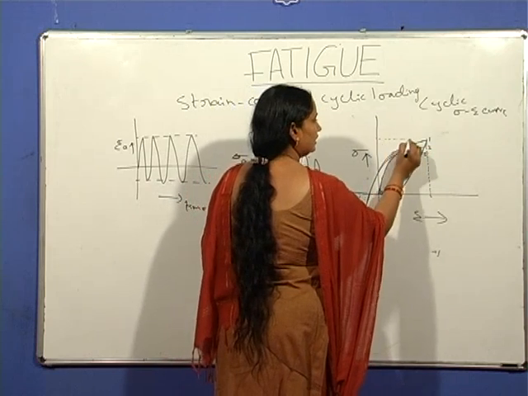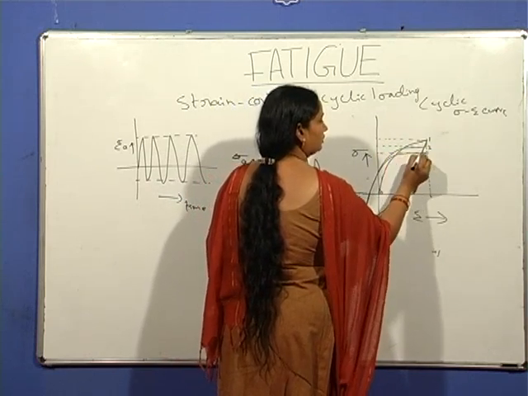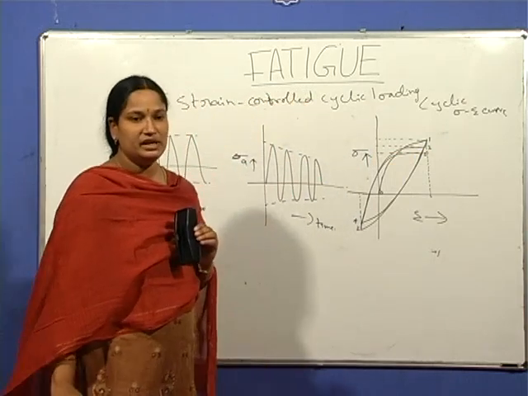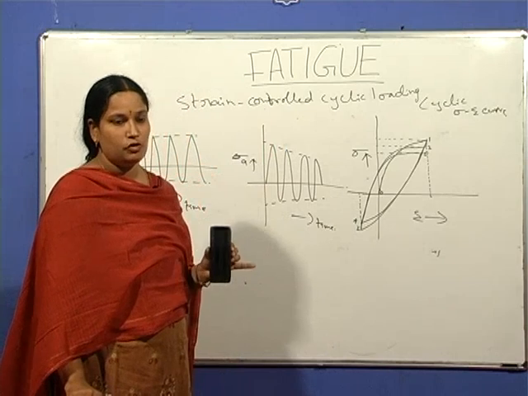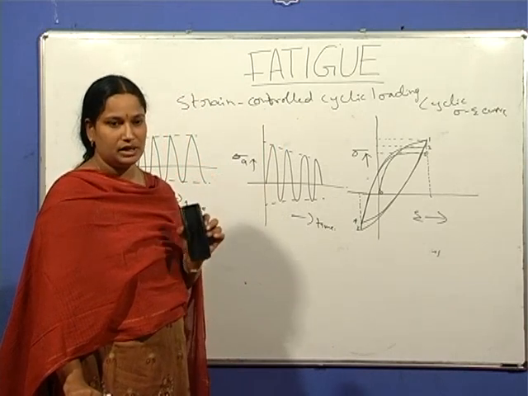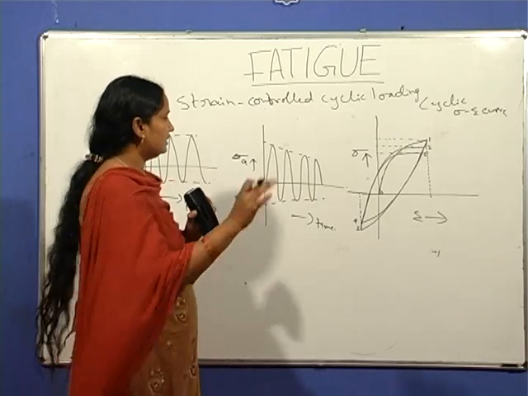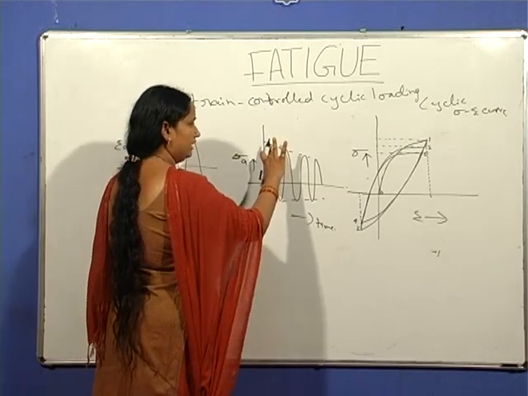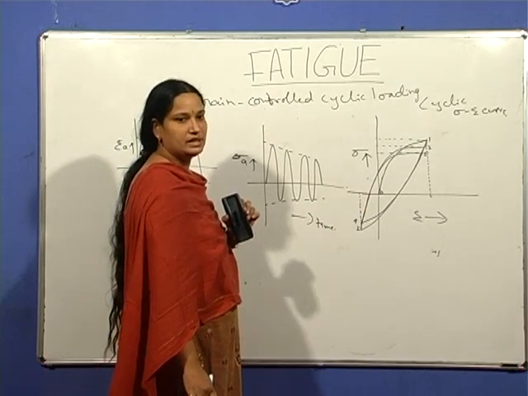This indicates that the stress required to maintain the same strain range decreases for the case of a harder material, or a cold worked material. So the stress required to maintain the same strain range is decreased.